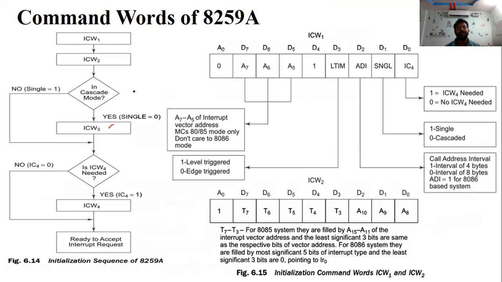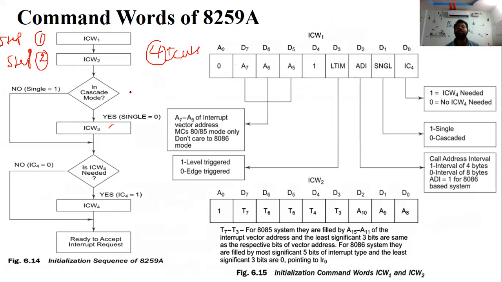How to initialize these 4 ICWs? First of all, you must initialize ICW1 and ICW2, so 2 are over. Then what about ICW3 and ICW4? Whenever you require those operations, only then can you initialize them. Otherwise, you can leave them.